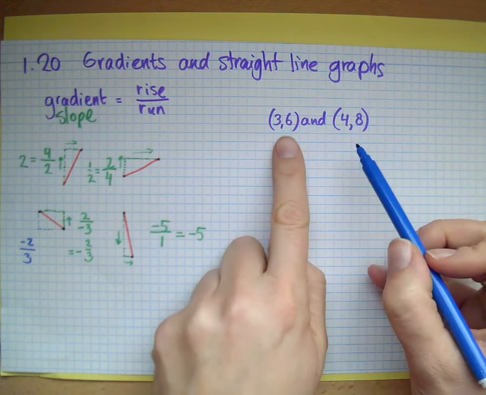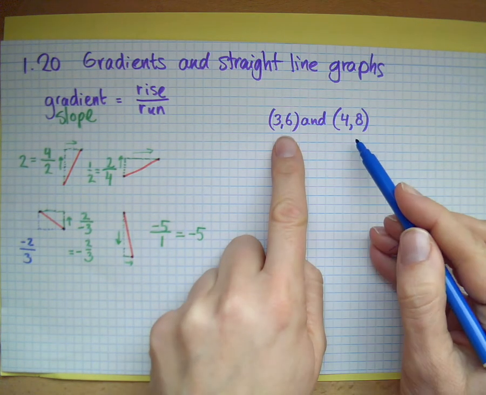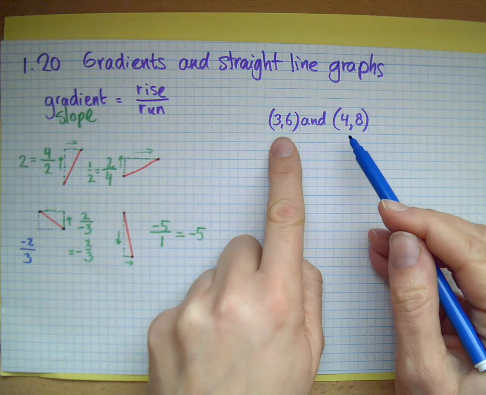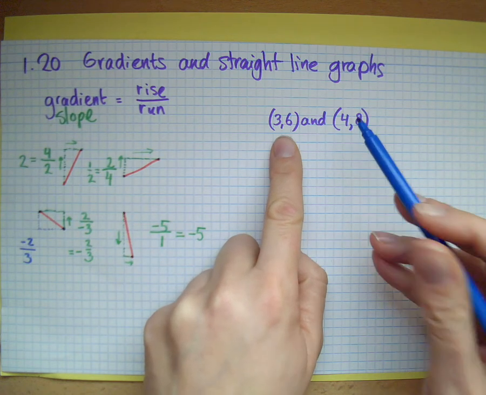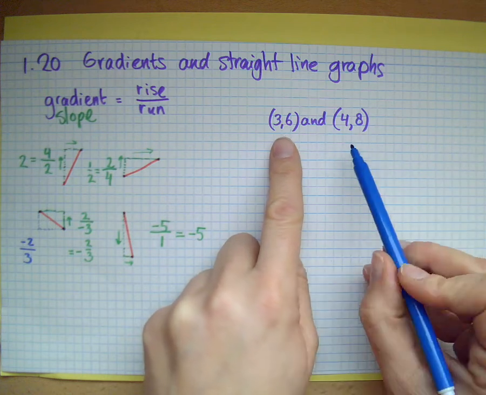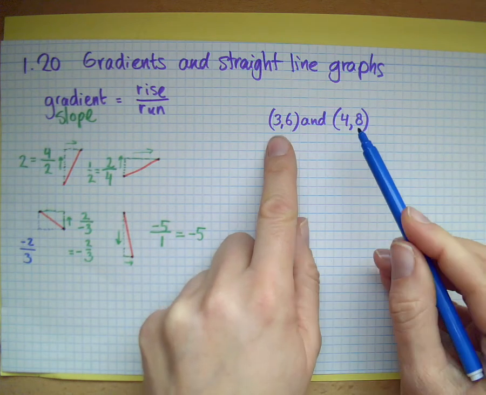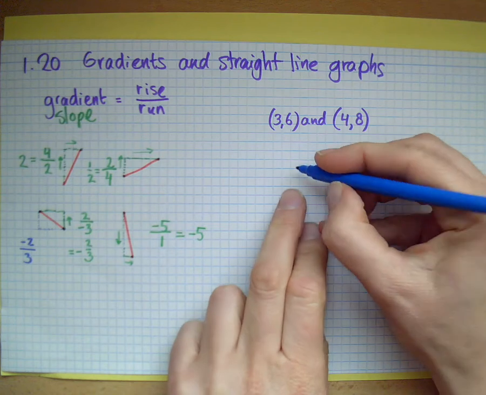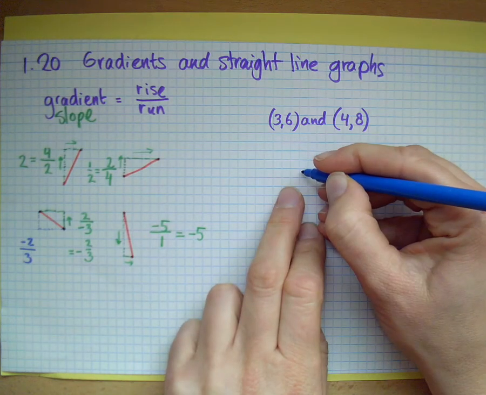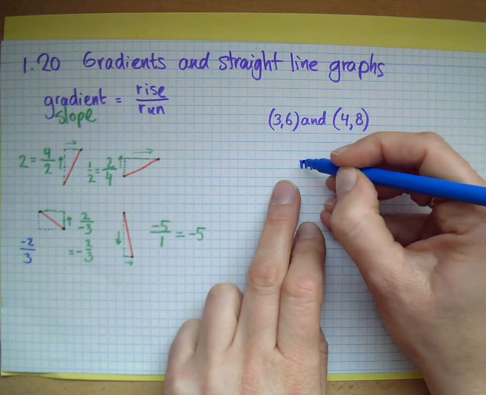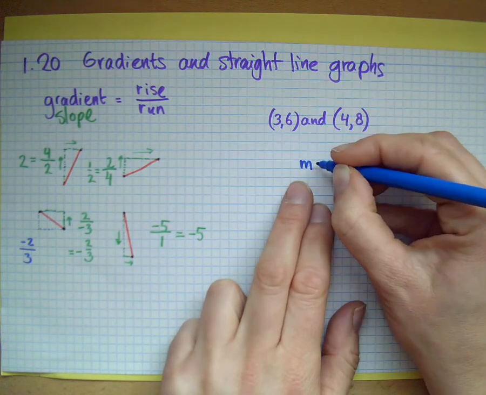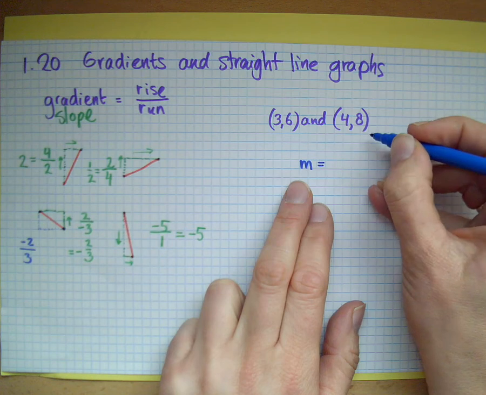Now, we also learned how to find the slope of a line when given 2 of its coordinates. These 2 coordinates are on some straight line, and they ask us, what is the slope of this line? Often we use the letter M for slope. The rise over the run.